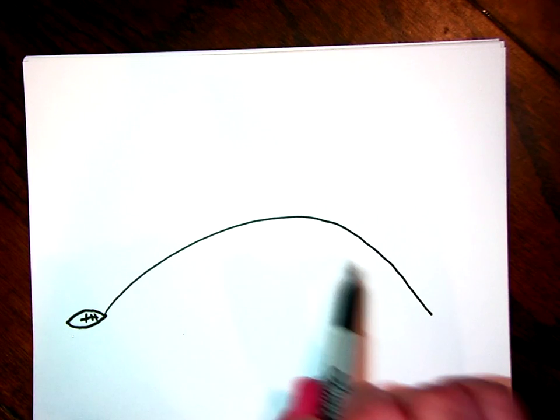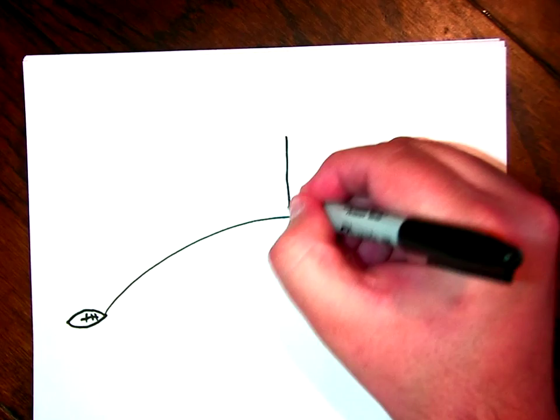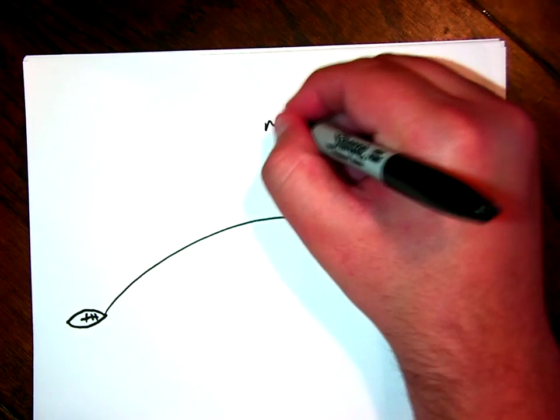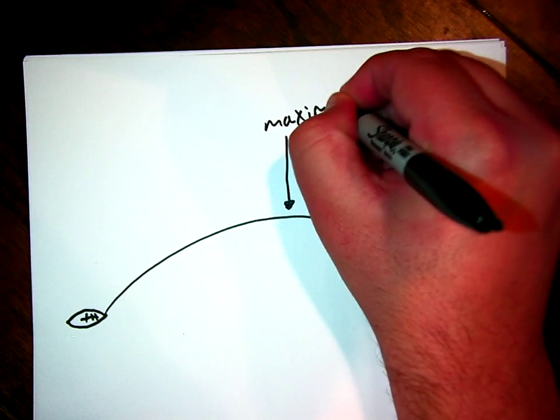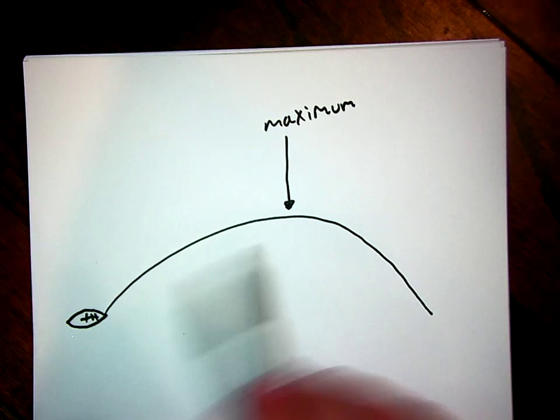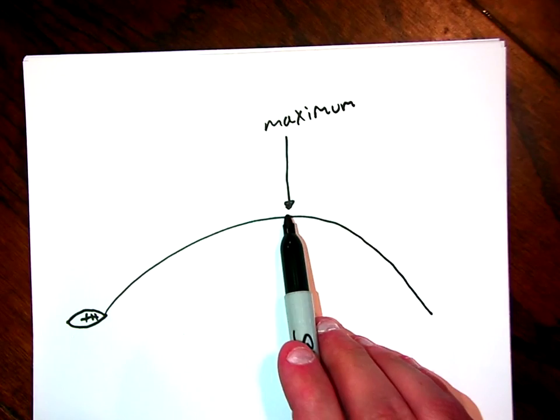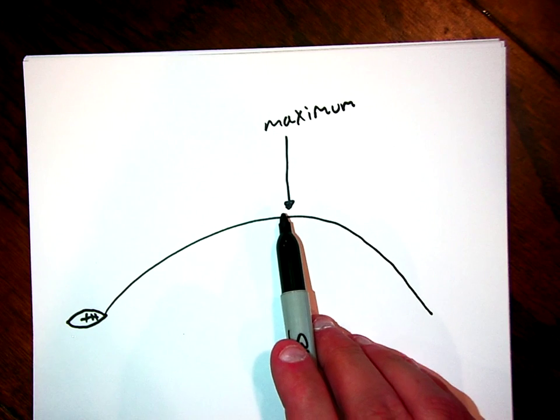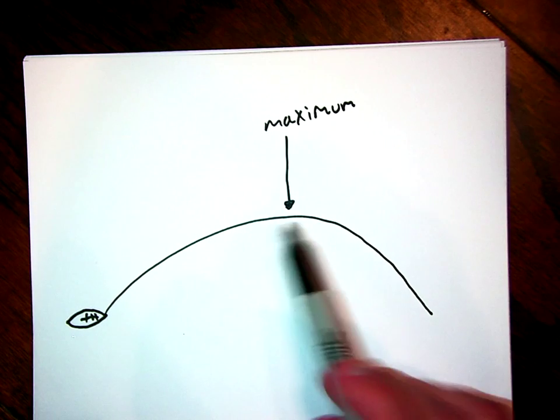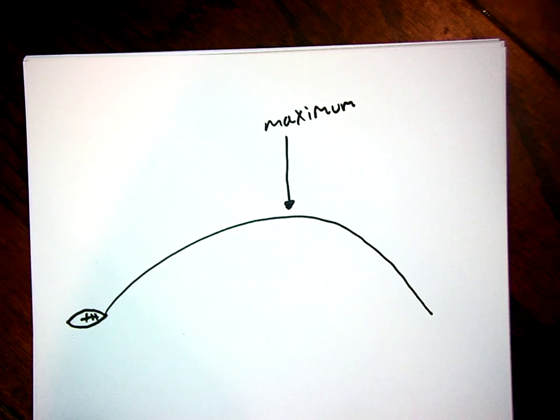Well, the maximum would be the point at which the football reaches the highest. So I want to know how high that football is going to go, and I'm going to look for the maximum in that curve. And that's pretty much it for the parent function of quadratics and some key attributes.